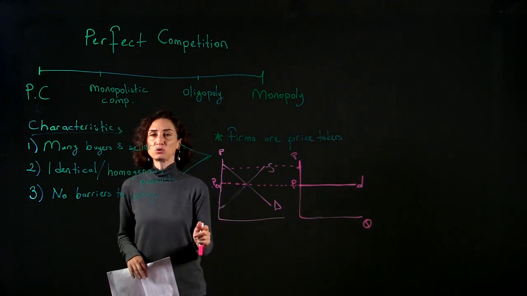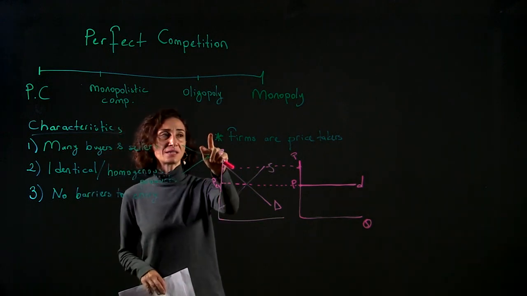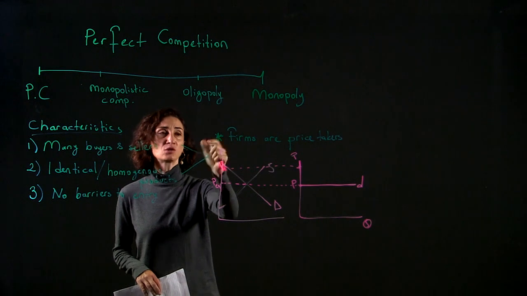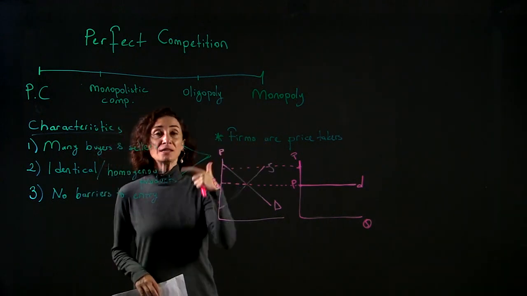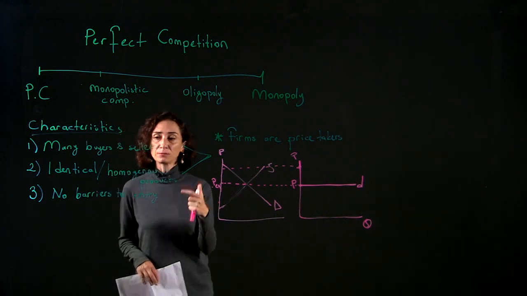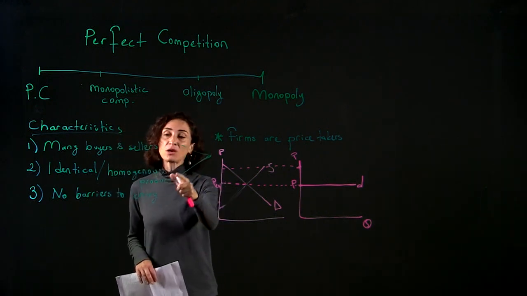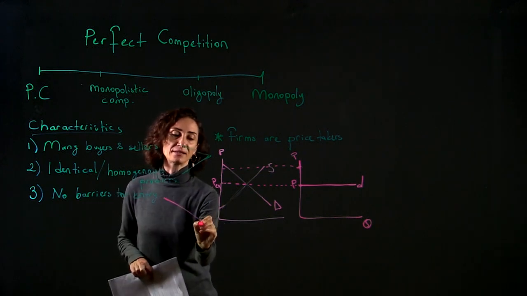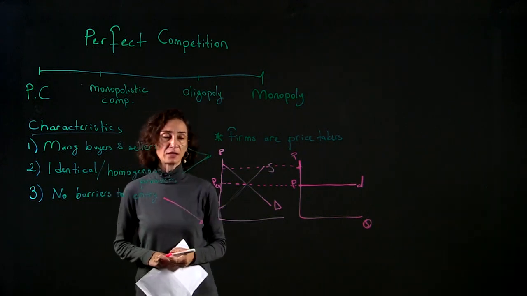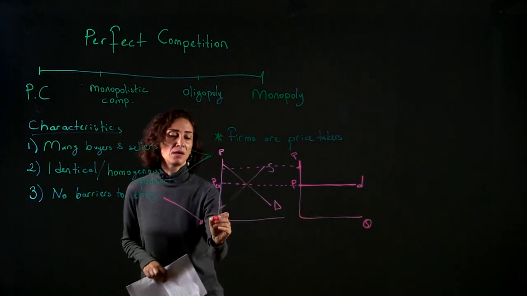But let me go to another characteristic in addition to this. Okay, so we know firms in perfectly competitive markets are price takers. There is something else that is important. Because there are no barriers to entry, okay, this is the second implication of a perfectly competitive market.